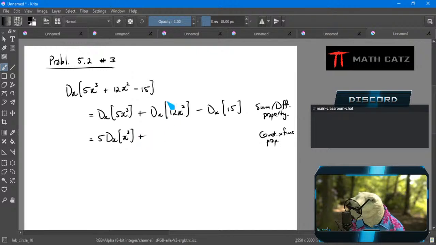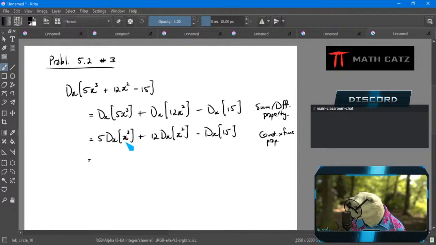Now I'll do the same property for the second term, putting the 12 in front and leaving just the x squared. Whoops. But I won't do that one yet. I'll do one at a time. Okay. Maybe next. Let's just finish these terms. Let's just finish the first ones.